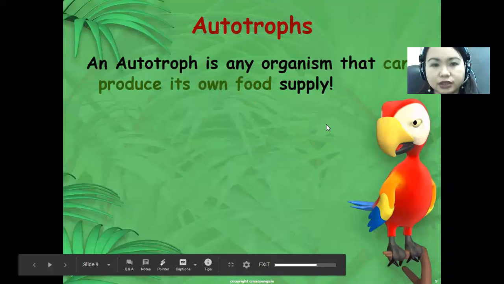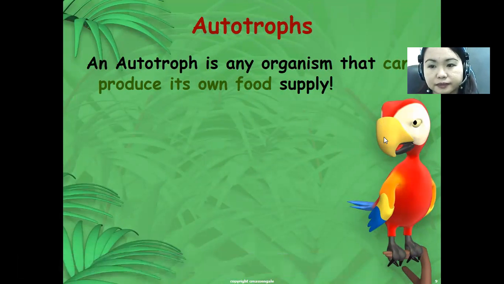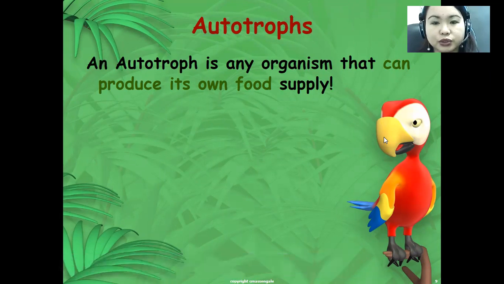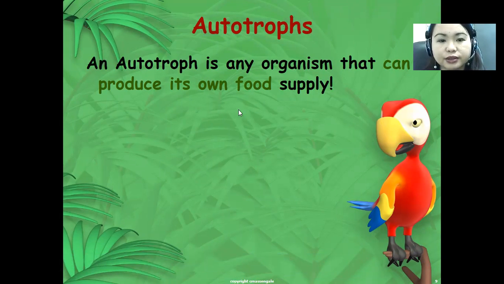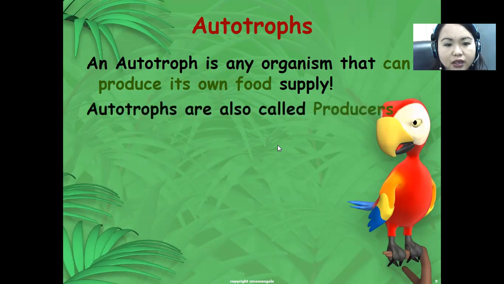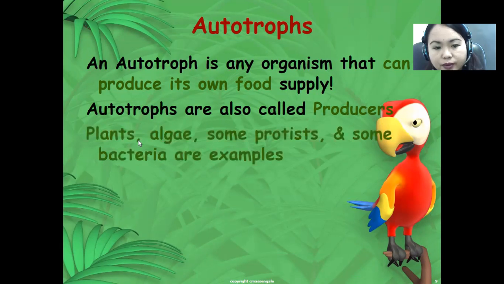So what are autotrophs? An autotroph is any organism that can produce its own food supply. Autotrophs are also called producers. This includes plants, algae, some protists, and some bacteria, which are examples of producers, or autotrophs, because they produce their own food supply.